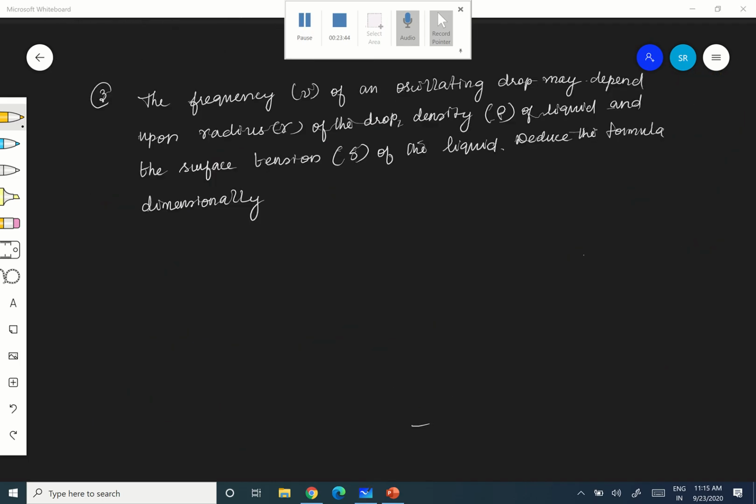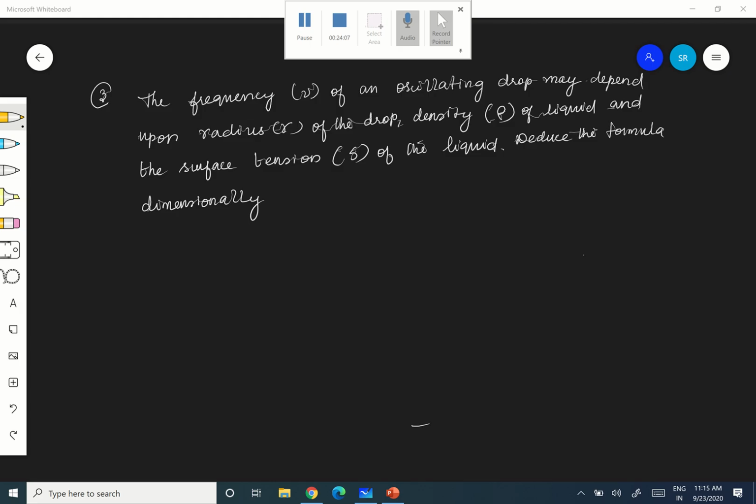Third one. The frequency nu of an oscillating drop may depend upon radius r of the drop, density rho of the liquid, and the surface tension of the liquid. Deduce the formula dimensionally. So nu depends on 3 factors.